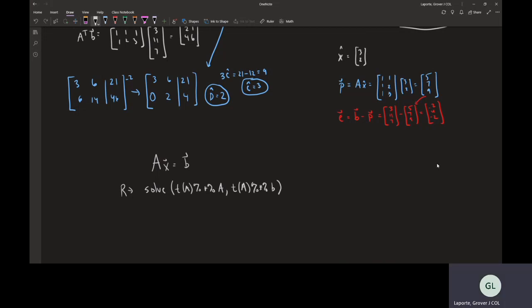Right, and what this does is exactly what we've been doing here. So A transpose A, it finds this X hat that solves this problem here. So this solve command solves that particular problem. So it finds the best one, and it just so happens that the best one is the one that satisfies all of the equations that we had in there.